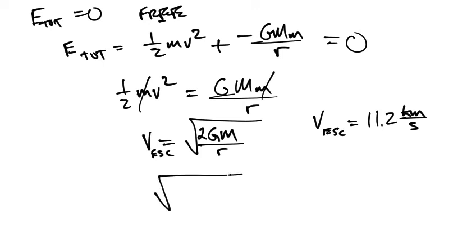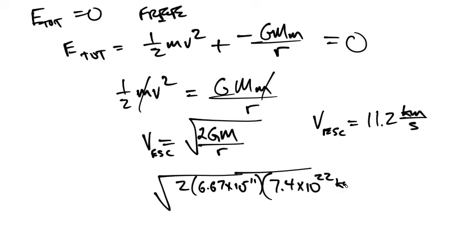So let's go square root of 2 times 6.67 times 10 to the negative 11 multiplied by the mass of the Moon, which is 7.4 times 10 to the 22 kilograms, divided by the radius of the Moon, which is 1.74 times 10 to the power of 6 meters.